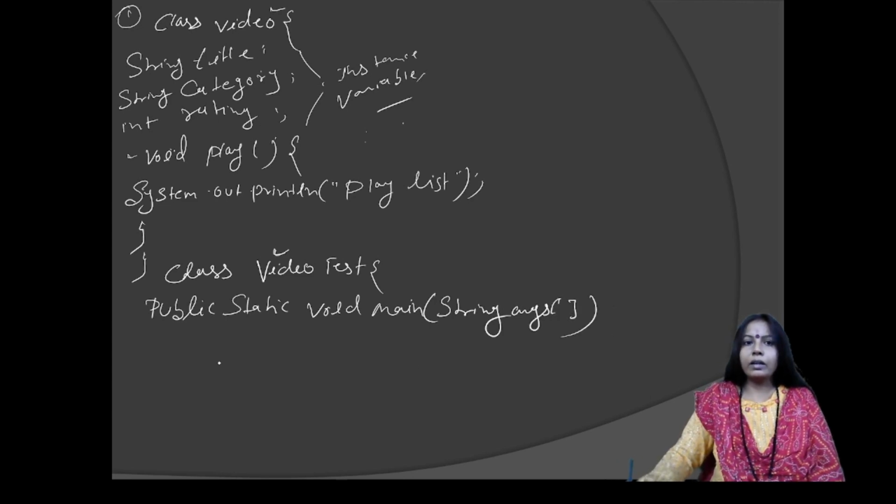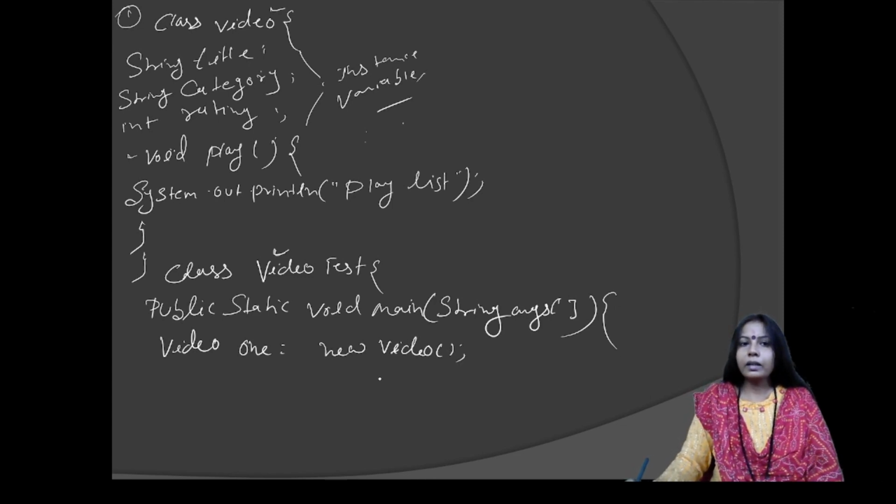Now inside this, we try to create object for new class. So here I create object video1 equal to new Video.